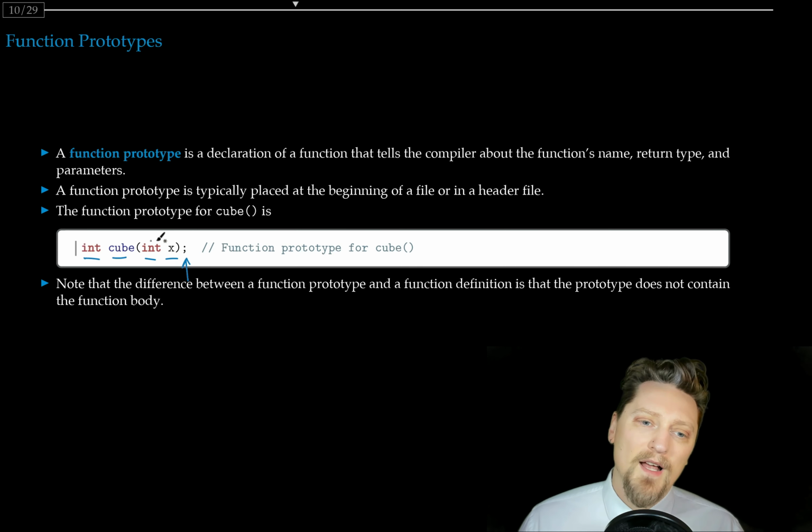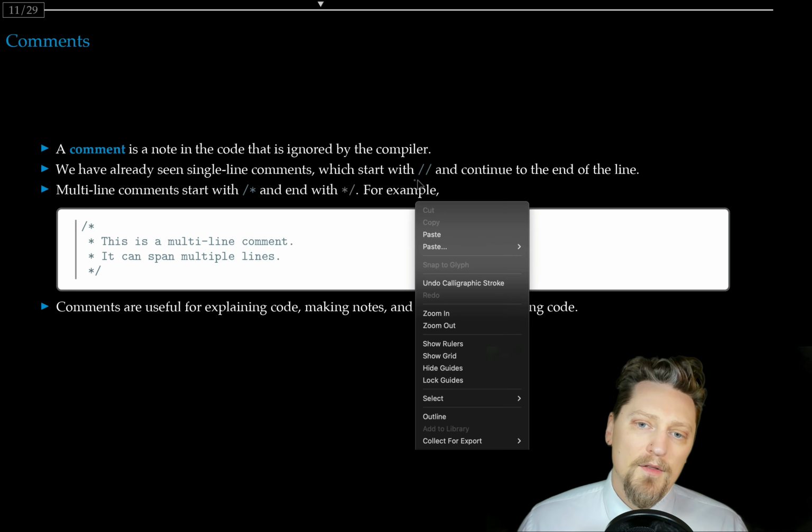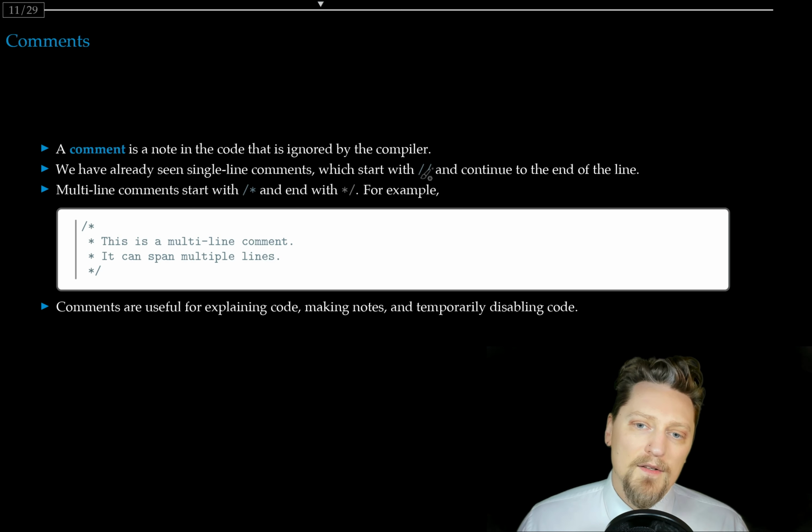Comments. A comment is a note in the code that is ignored by the compiler. We have already seen single-line comments which start with the // and continue to the end of the line. Multi-line comments start with /* and end with */. For example, this is a multi-line comment.